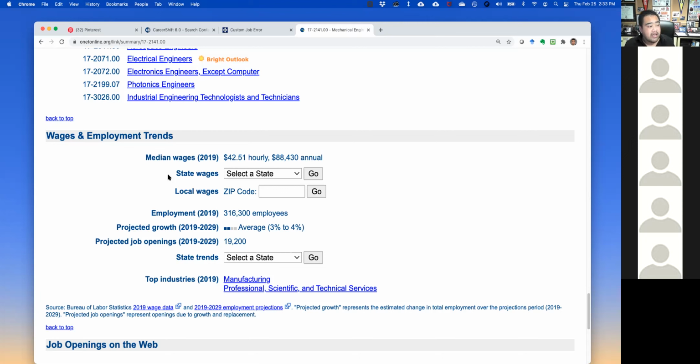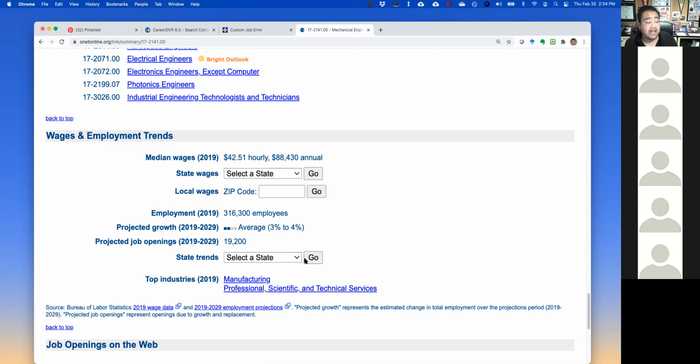The other thing I want to point out within this page is projected growth. This is based on numbers compiled by the Department of Labor over a 10-year span, and they are fluctuating. Right now, you see the demand in 2019 is about 316,000 employees, and there's a 3 to 4% average growth nationwide.